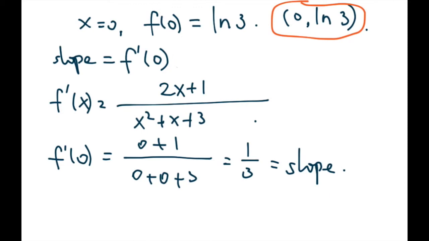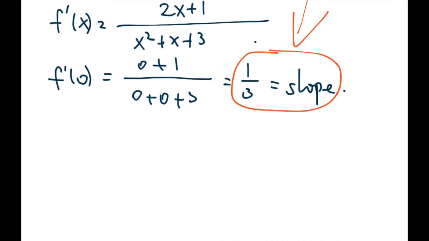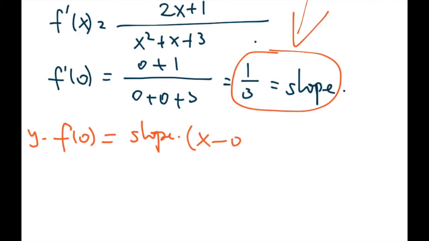Alright. Now if we combine those two pieces together, we can write the tangent line as y minus f of 0 equals the slope times (x minus 0), because we care about the point when x is equal to 0.